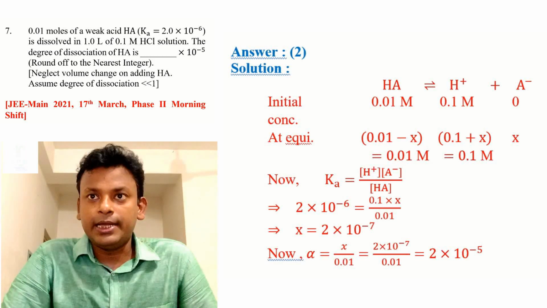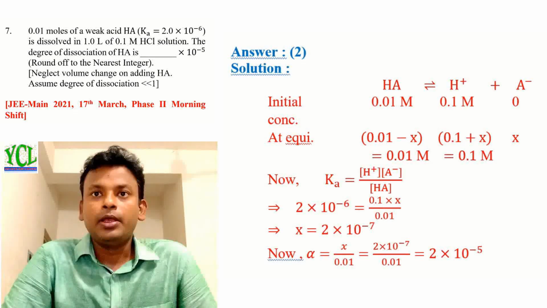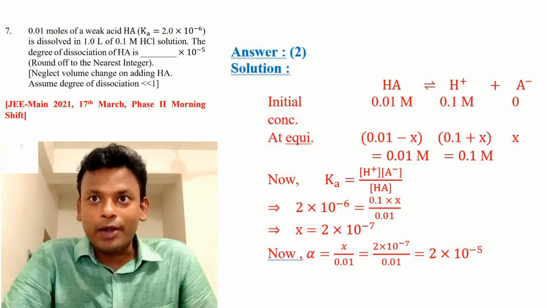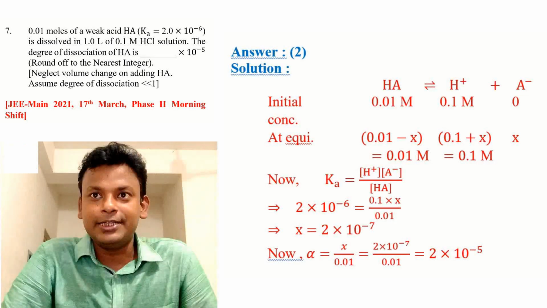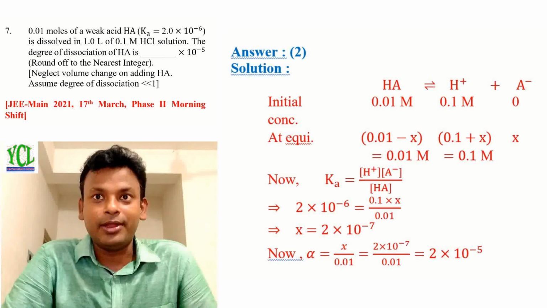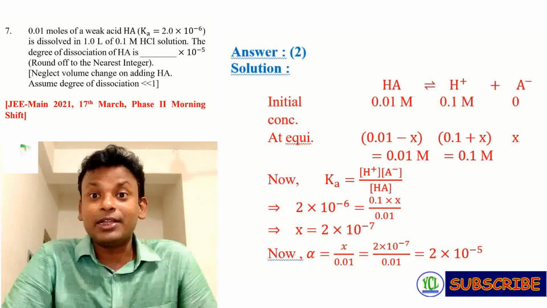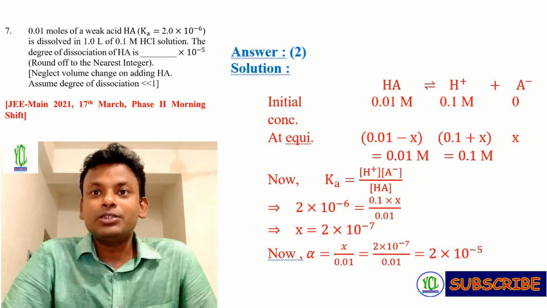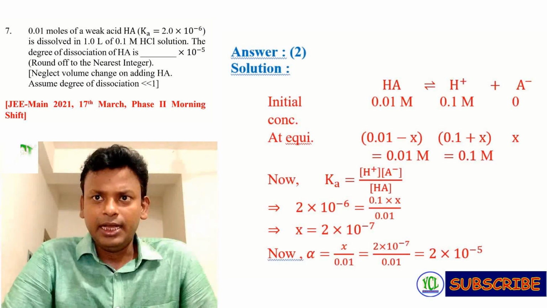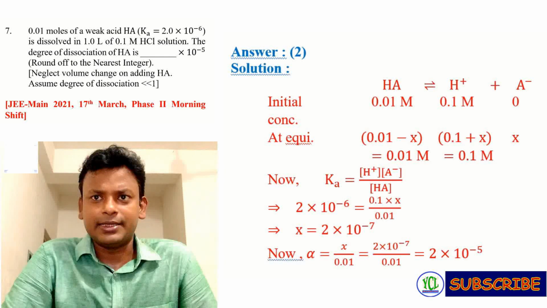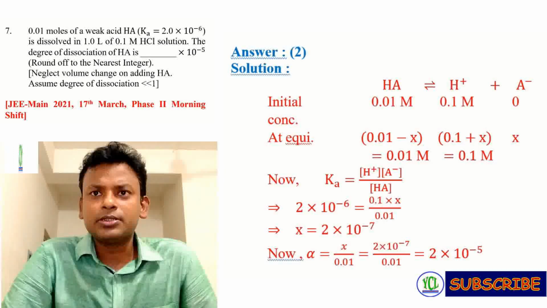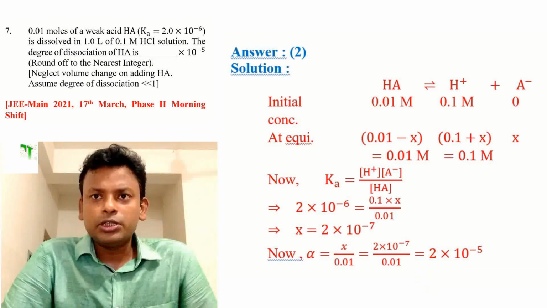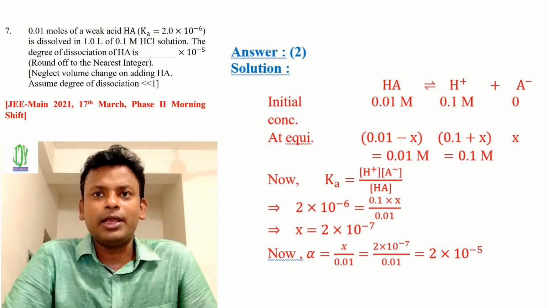HA first dissociates into H plus and A minus, and initial concentration of HA equals to 0.01 molar and H plus concentration is 0.1 molar, as given. At equilibrium, we know the Ostwald dilution law or equilibrium concept: 0.01 minus X, and 0.1 plus X, and X. Here approx value is 0.01 molar for HA and 0.1 molar for H plus concentration.